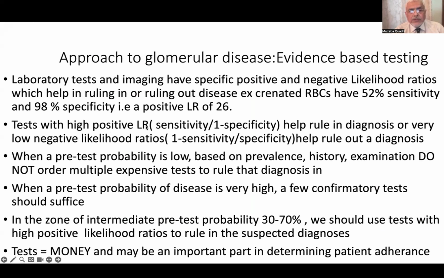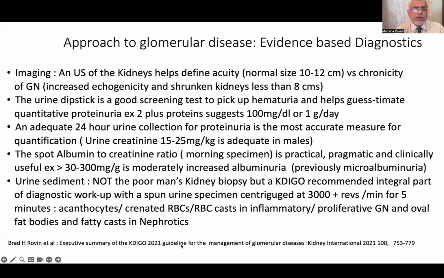Tests with high positive likelihood ratios help rule in a diagnosis, or very low negative likelihood ratios rule out a diagnosis. And we've already mentioned, if the pretest probability is low, don't waste more money. And when the pretest probability is high, also don't waste too much money, just a few confirmatory tests. And it's the intermediate zone where you are required to do these specific tests. So tests cost money, especially in our parts of the world.